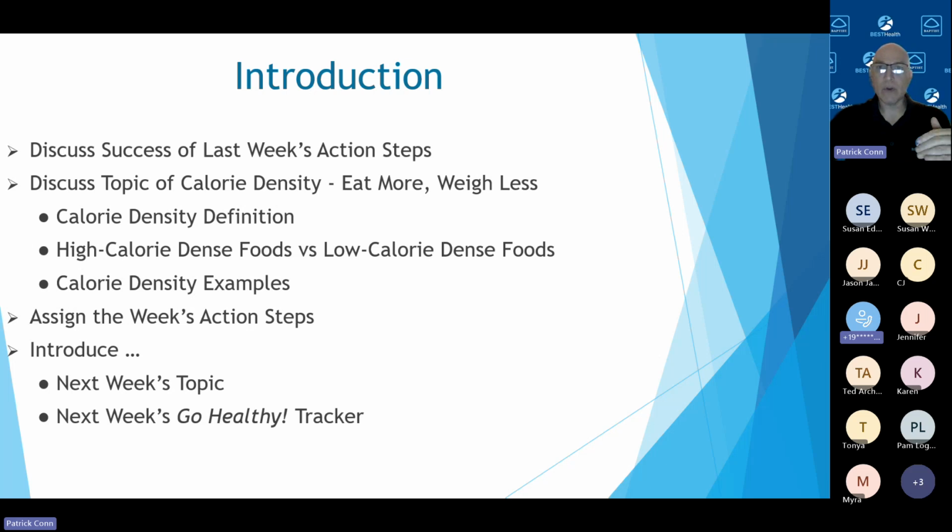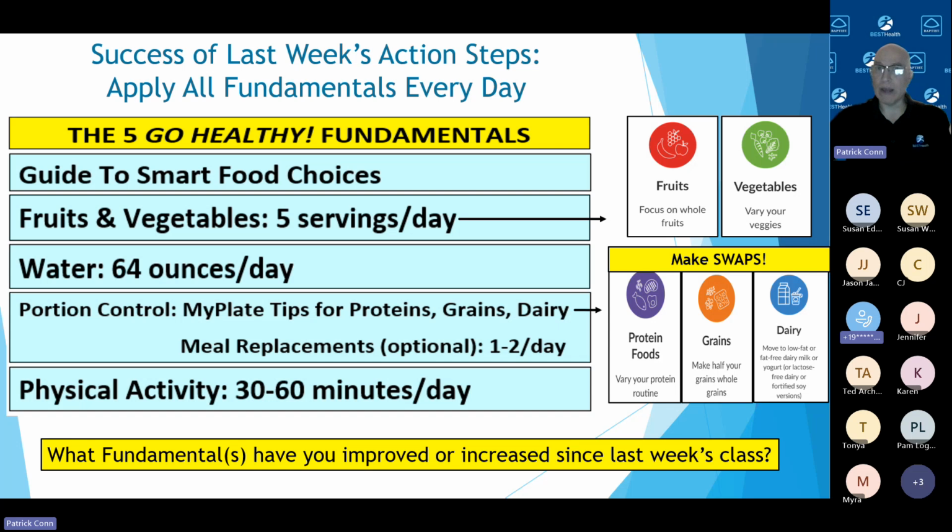And we then are going to define specifically what the high calorie dense foods are versus the low calorie dense foods. And we're then going to give you some examples of calorie dense foods. All right. After that, we'll assign the week action steps. We will then introduce next week's topic and next week's tracker. Okay. And of course, we will answer any questions that you might have.